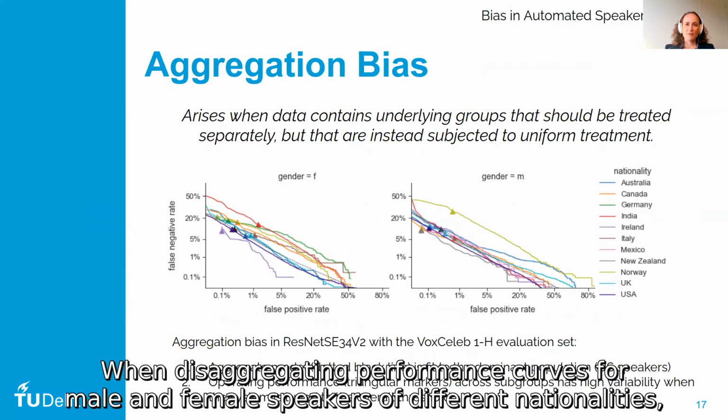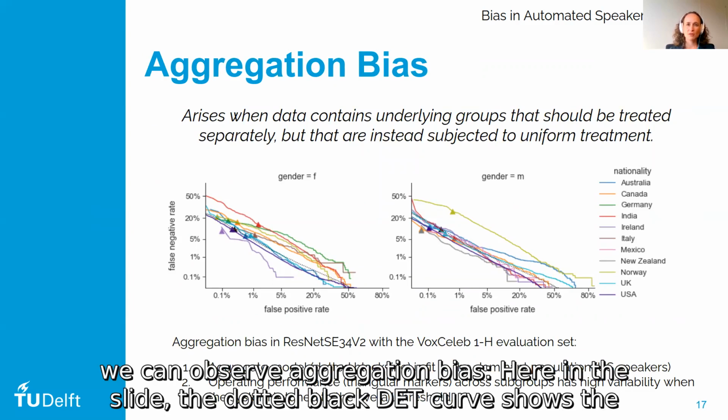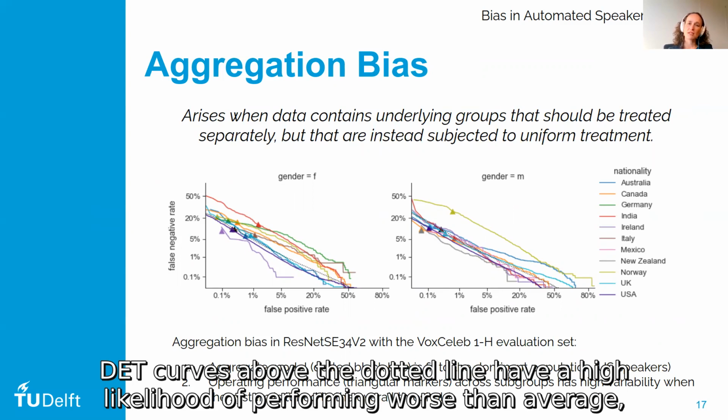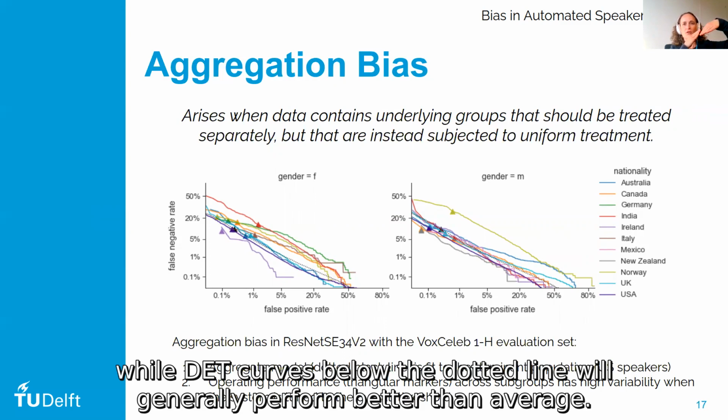When disaggregating performance curves for male and female speakers of different nationalities, we can observe aggregation bias. Here in the slide, the dotted black DET curve, very faint, shows the overall performance across all subgroups. DET curves above the dotted line have a high likelihood of performing worse than average, while DET curves below the dotted line will generally perform better than average.